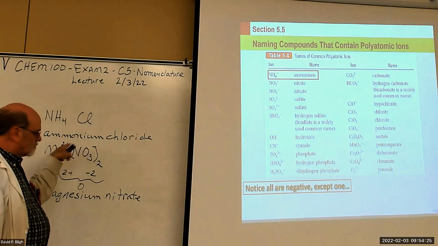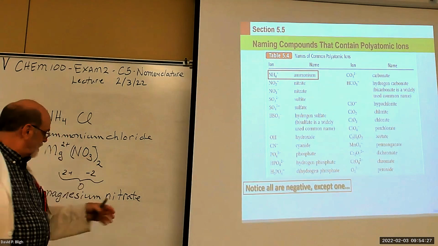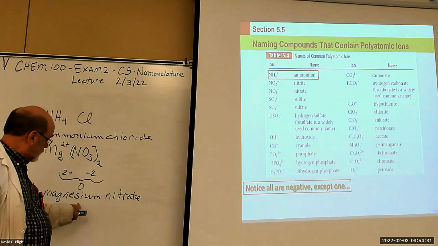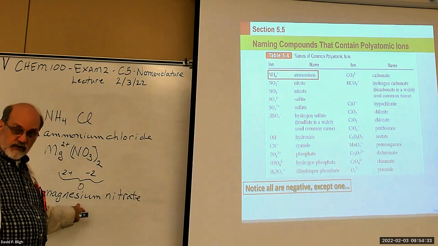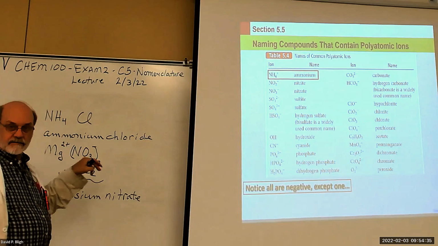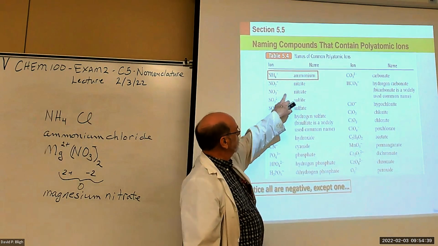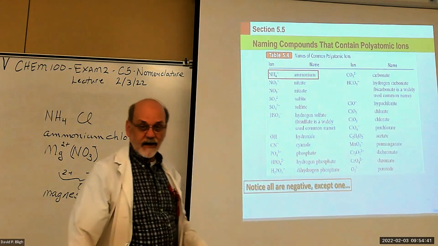And since these charges are fixed, that is unambiguous. That's all you need. You can use this to write that. And here's the nitrate. NO3 minus is the polyatomic ion.